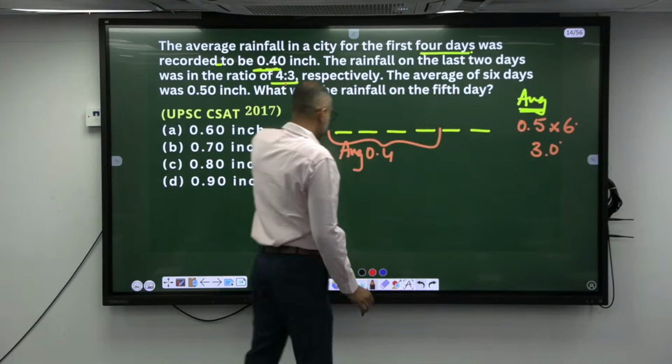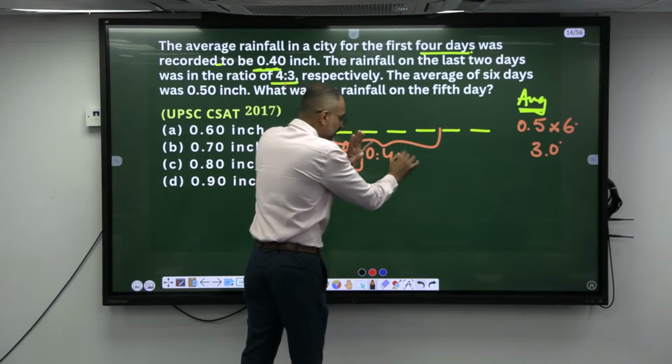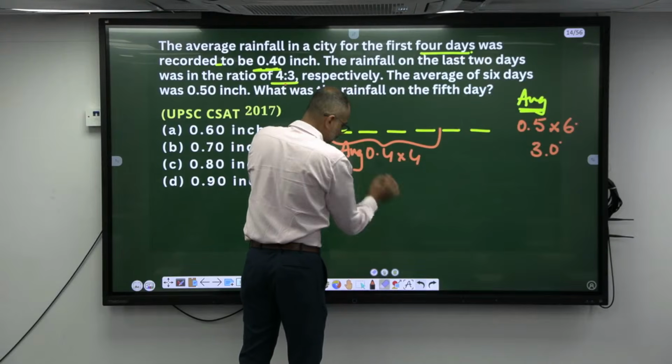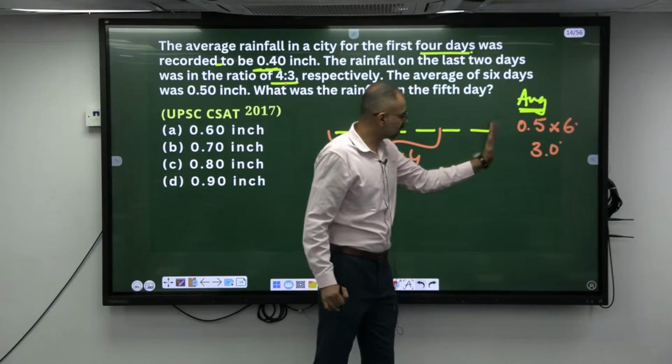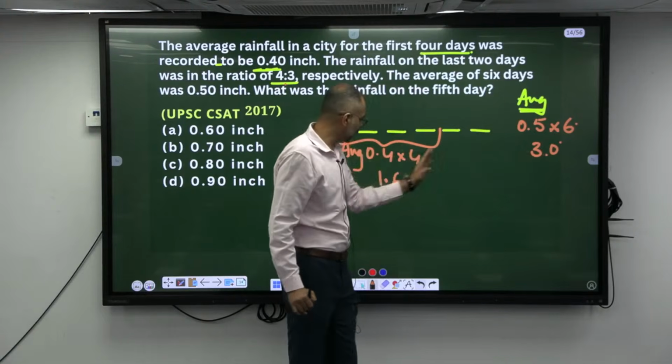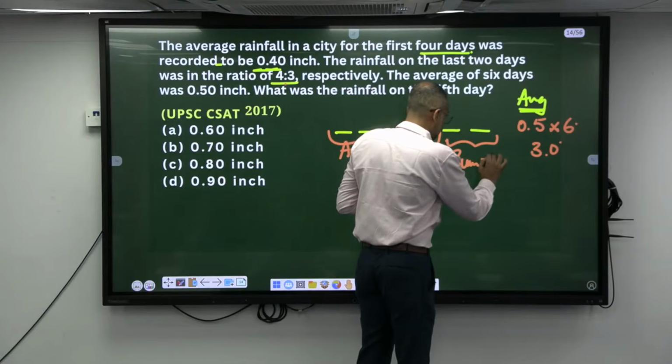Now if I take only these 4 data here, which is 0.4 for 4 days, what is the sum here? 1.6. The sum of all this is 3.0, only 4 is 1.6, so the remaining 2 has a sum equal to 1.4.